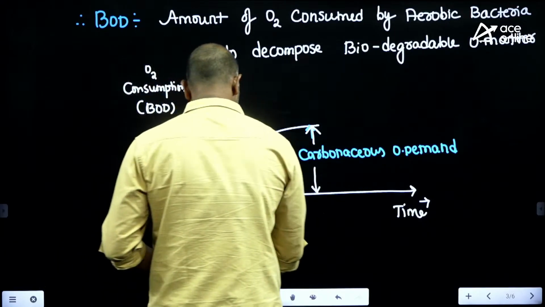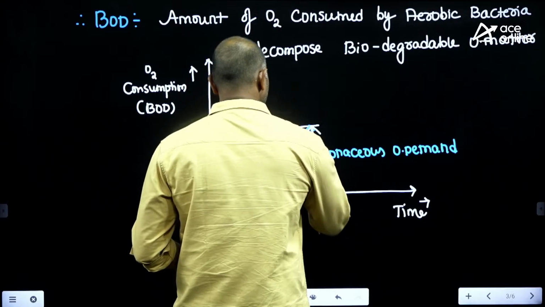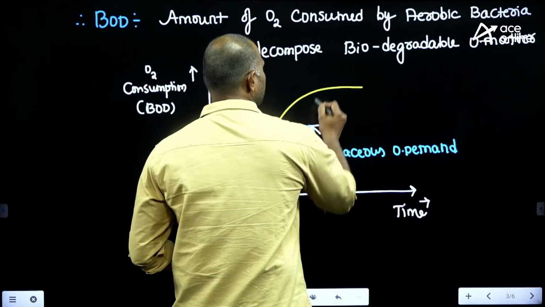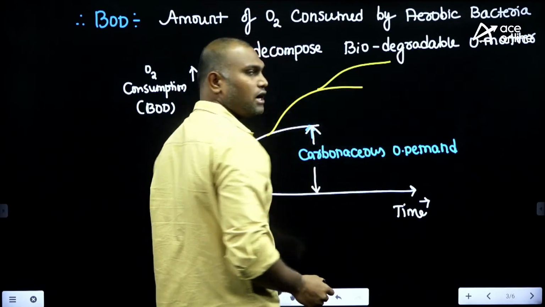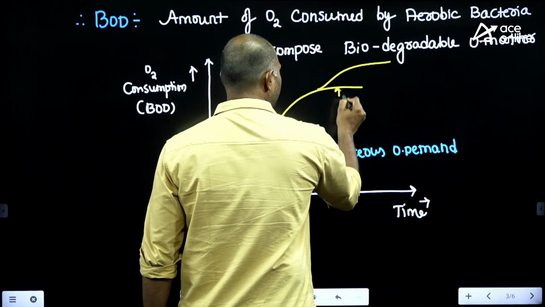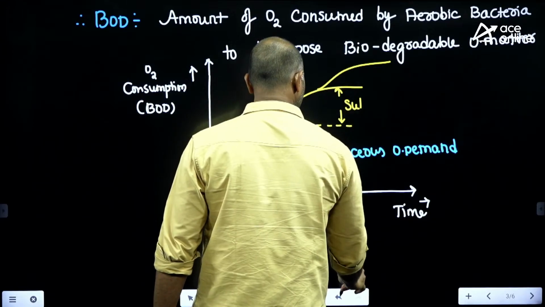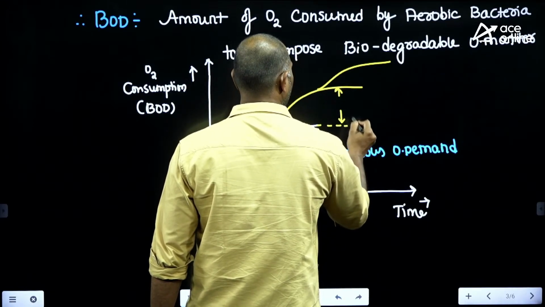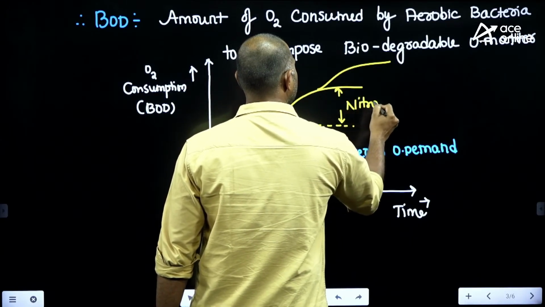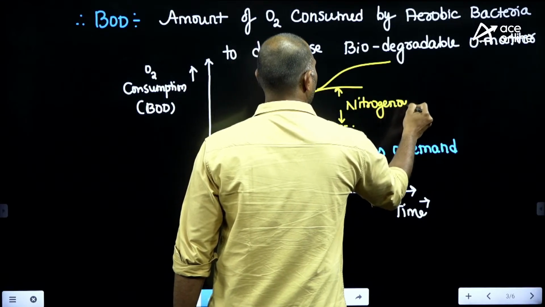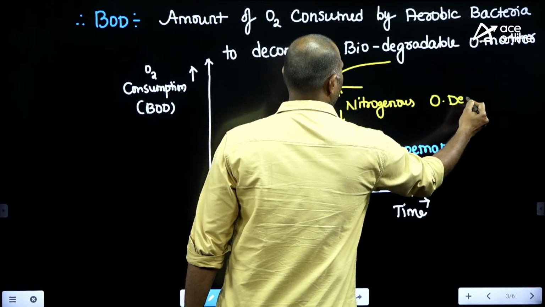And then after this, you can see the nitrogenous and then the sulfurous oxygen demand.